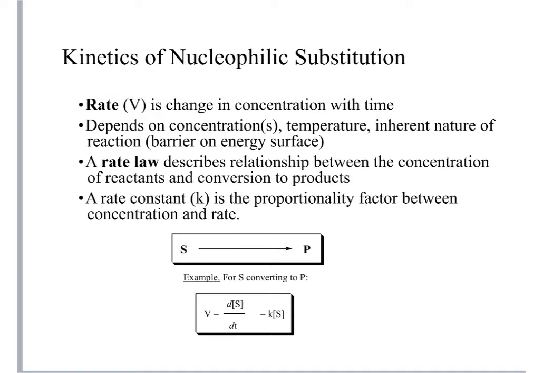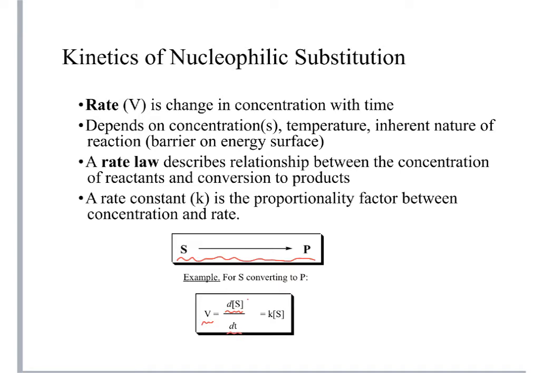As far as the kinetics of nucleophilic substitution, let's just review some of the concepts. The rate of a chemical reaction is simply the change in concentration of the substrate with time. So if we take a look at a sample representative reaction where the substrate S is converted to product P, then we can write down the rate law V for this type of reaction as the change in concentration of the substrate with time.